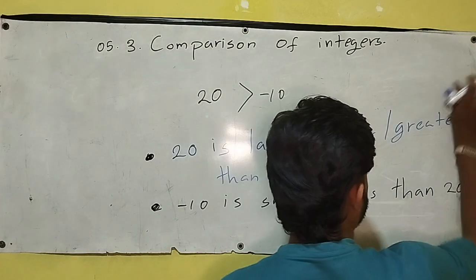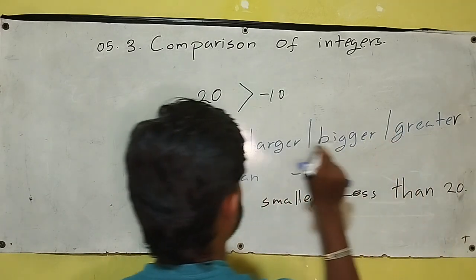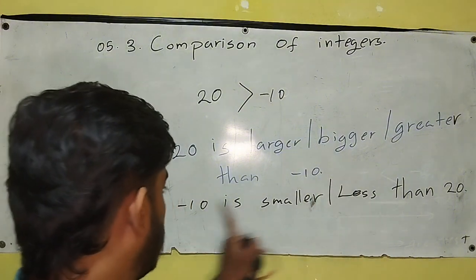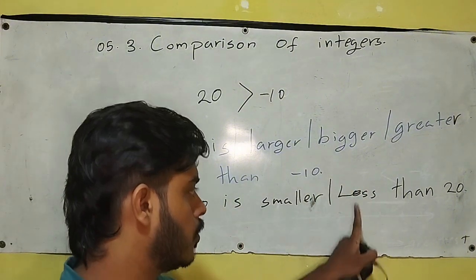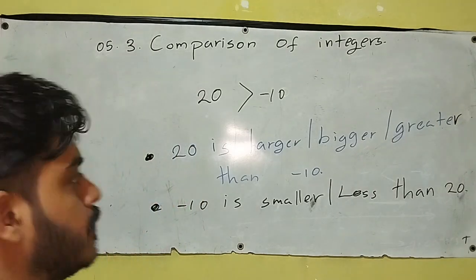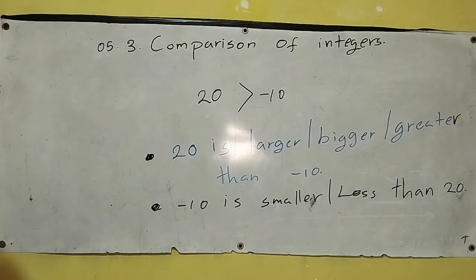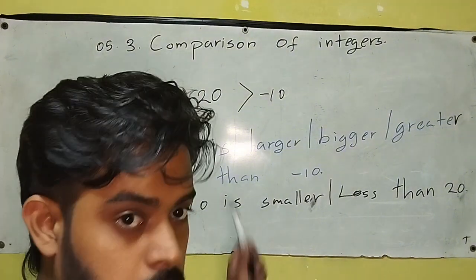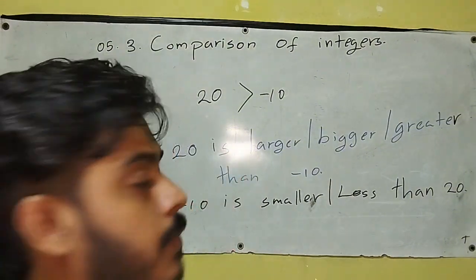Minus 10 is smaller or less than 20. Write down this also. Stop or pause the video and write down. Okay.